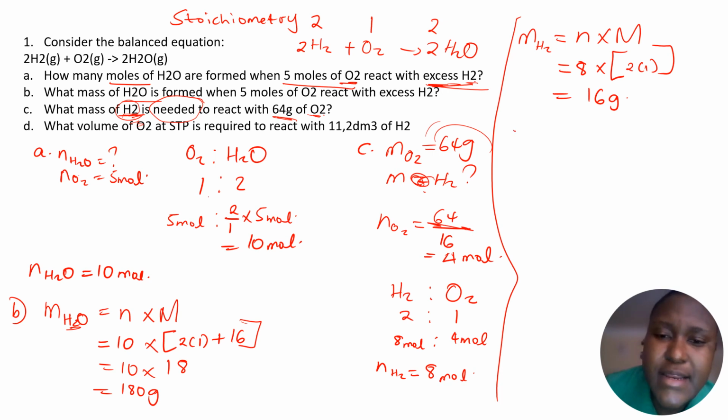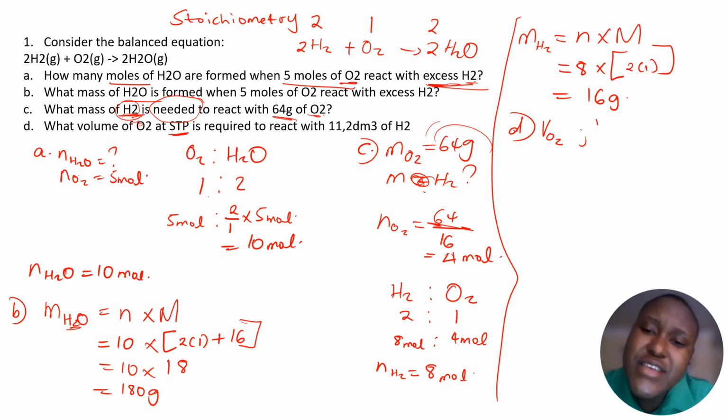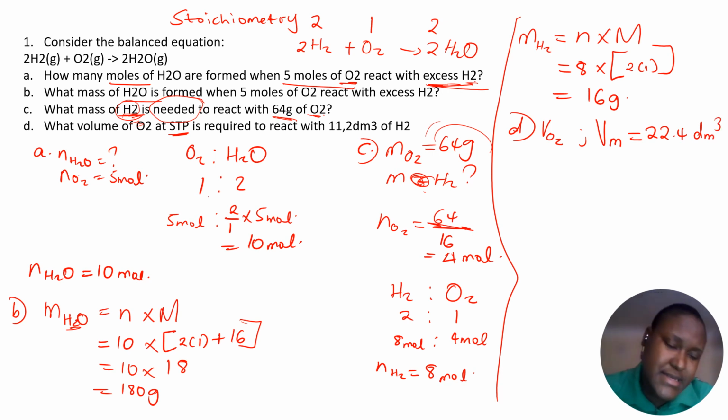And the last one, it says, what volume of O2 at standard temperature and pressure? Remember, at standard temperature and pressure, the molar volume equals 22.4 cubic decimeters. What volume of oxygen at standard temperature is required to react with 11.2 cubic decimeters of hydrogen?